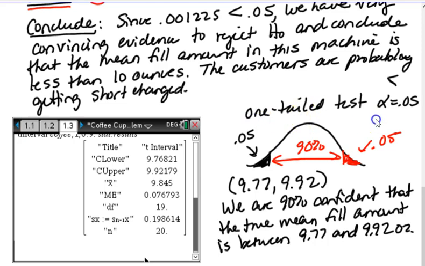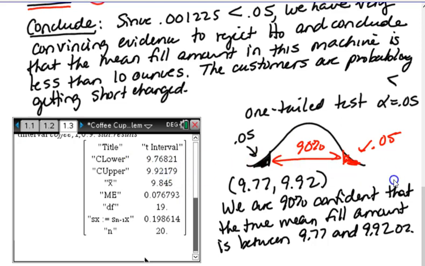If it were a two-tailed test with alpha 0.05, then that would correspond to a 95% confidence interval, because the 5% would be split into two different tails, 0.025 and 0.025. But with a one-tailed test, this is 90. So I did a 90% confidence interval on my calculator and got the lower and upper bounds shown.